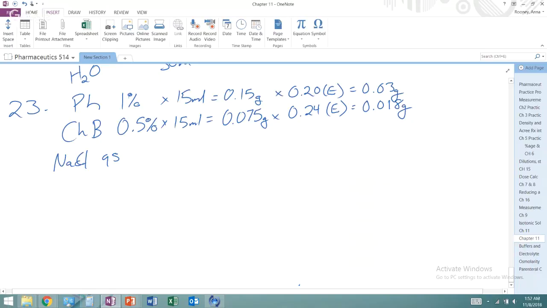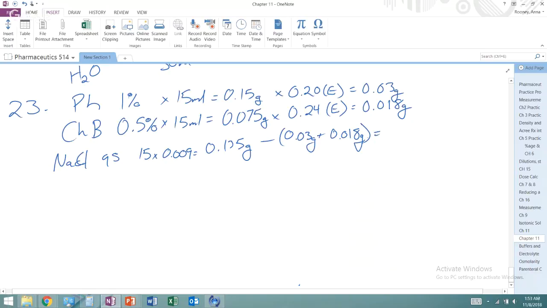And so our NaCl is 15 times 0.009, which is 0.135 grams. And then we have to take away 0.03 grams plus 0.018 grams.